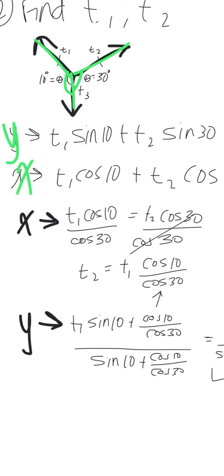So here we found tension 2. Tension 2 is equal to tension 1 cos 10 over cos 30.